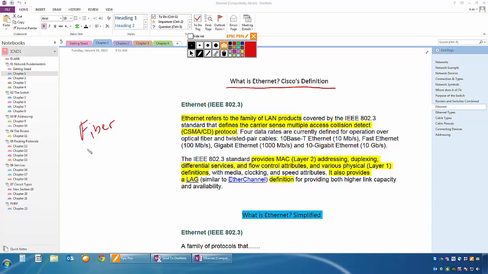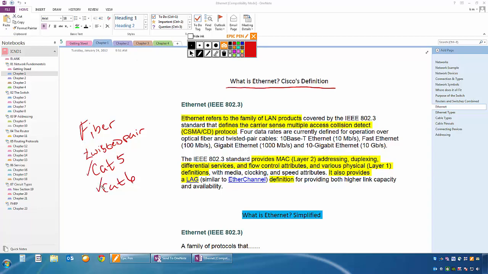But really, what we call it is twisted pair cables, or another word would be Cat 5, Cat 6. And of course, you've got Cat 5e and Cat 6e, but all it is is a cable. That's it.